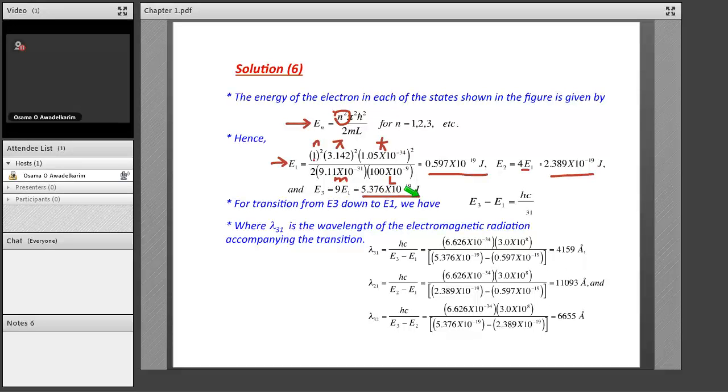So now, if the electron drops from E3, the second excited state, to E1, the ground state, the energy difference will become a photon. The energy of the photon, E, is equal to hc over lambda, where lambda is the wavelength.